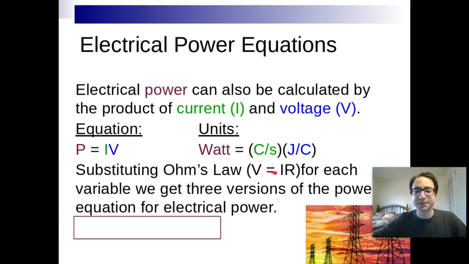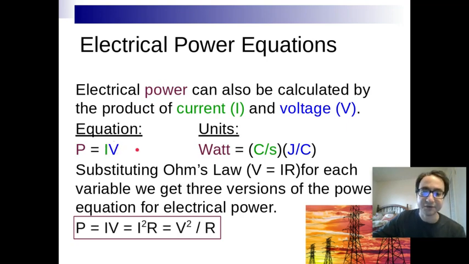Just imagine V equals IR. If V is IR, you can replace this V with an I times an R, which makes this I times I times R. You can do that again for the I. I equals V divided by R. So if you replace this I with V divided by R, it becomes V times V divided by R, or V squared divided by R.